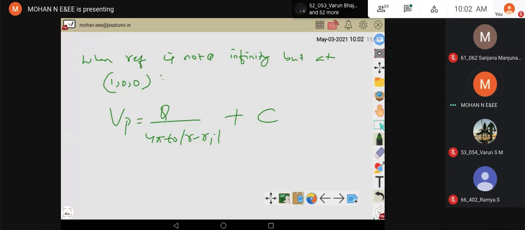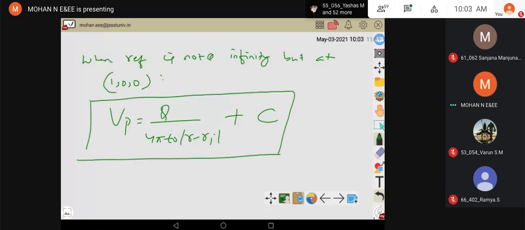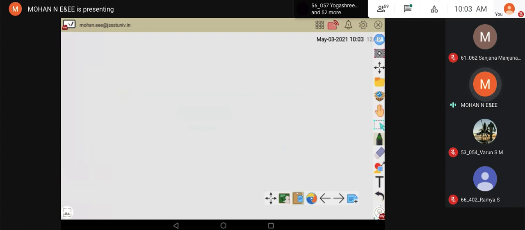So let us solve for C first. This is the expression we have to use. Let us find C when the voltage is 0.